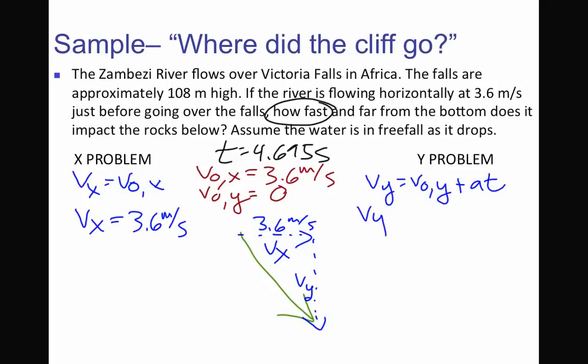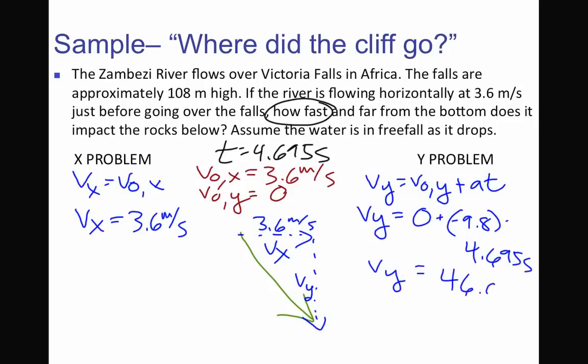So the final y component is going to be 0 plus negative 9.8 times the time, 4.695 seconds. So the final y velocity ends up being 46.0 meters per second. So then how do we find the actual velocity itself? We've got to use the Pythagorean theorem, right?